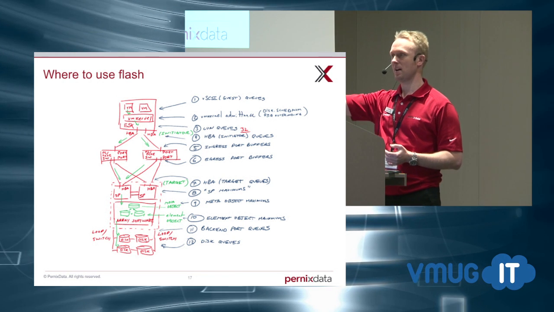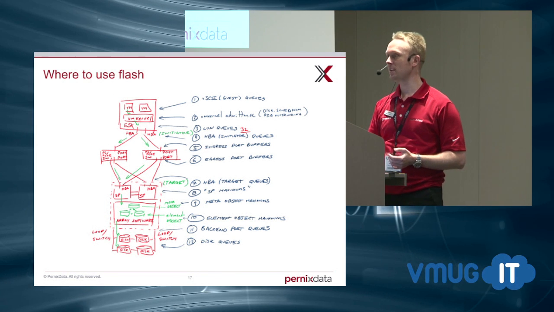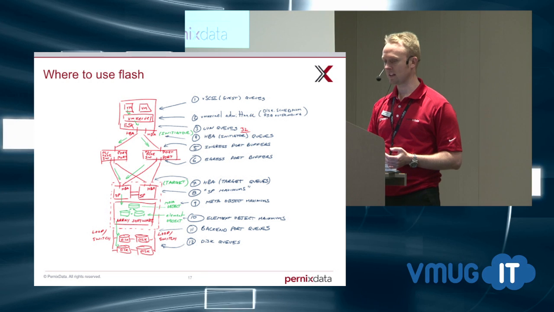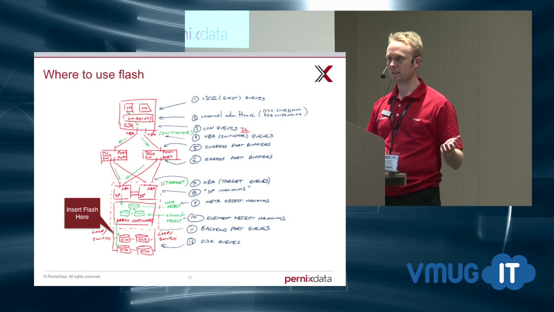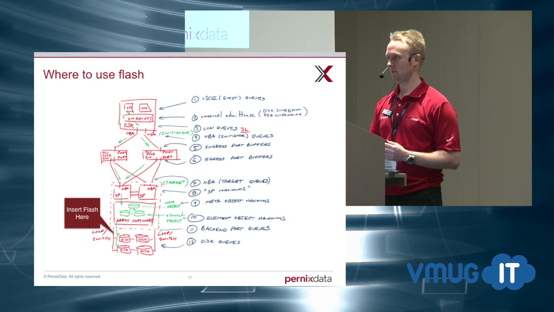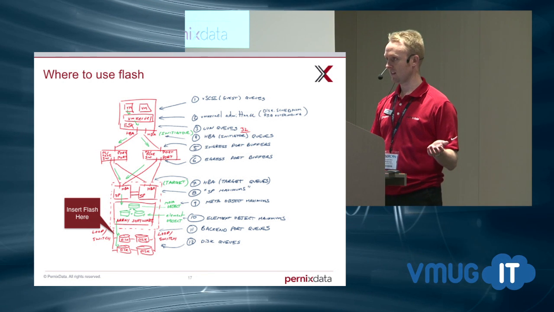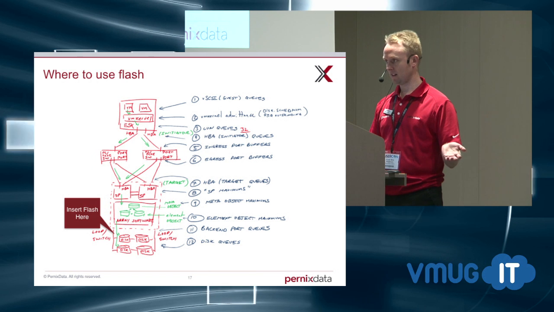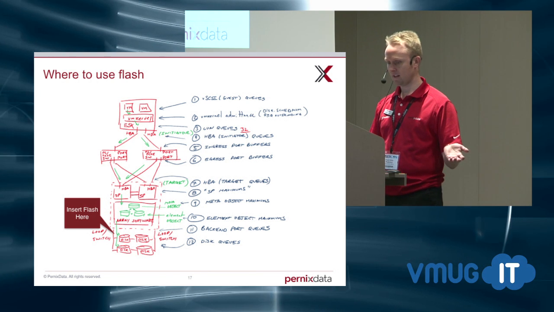So there are a lot of spinning parts all the way from a VM down to a disk in the array. And the traditional storage vendor, where will he put his flash? He only has one way to put it, right? He puts it in the box, in the storage array.